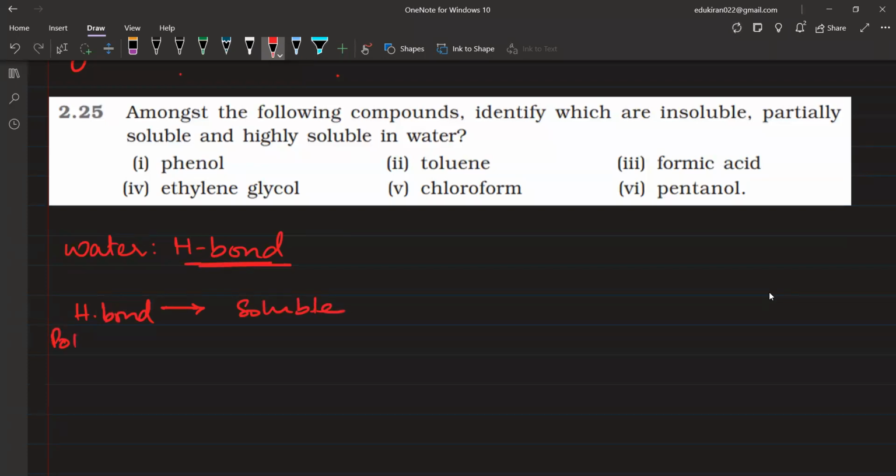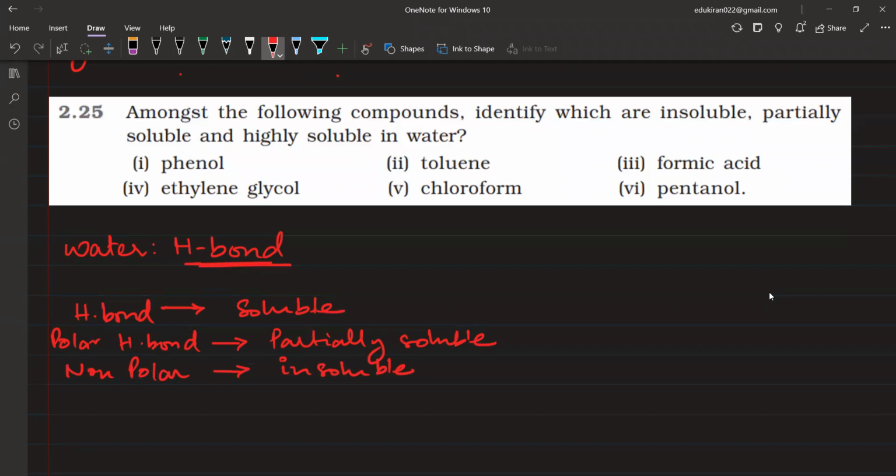If there is polar hydrogen bond, then they will be partially soluble. ठीक है? If they are non-polar, then they will be insoluble. ठीक है?